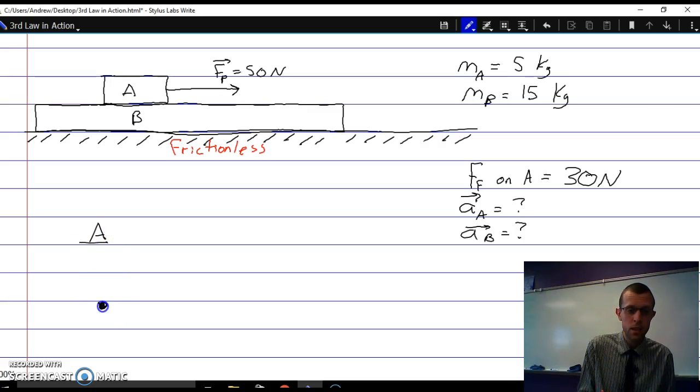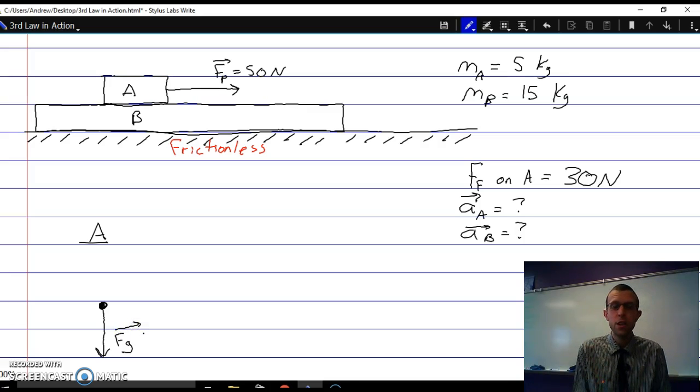That top block is going to be pulled downward by a force of gravity. And remember, that's an interaction between A and the Earth. And I'm going to be careful to label it that way here.